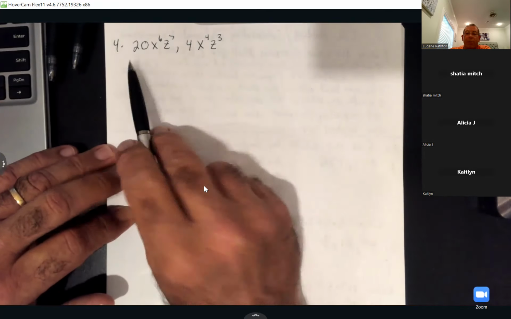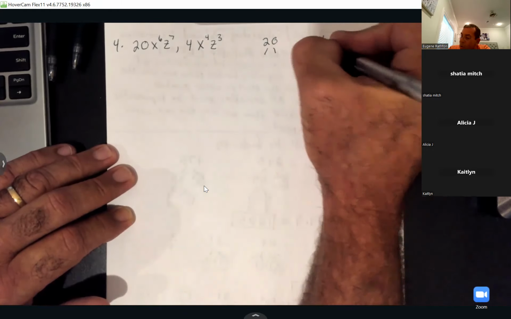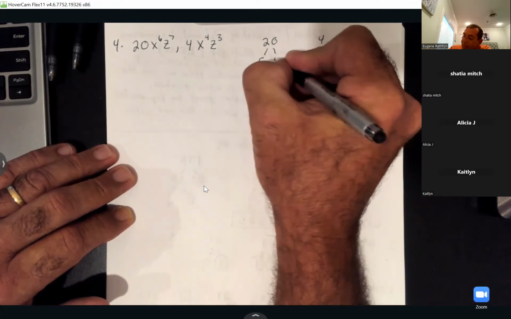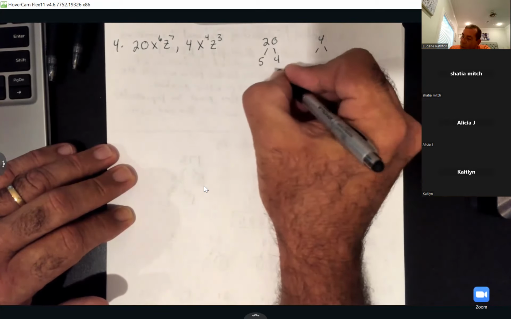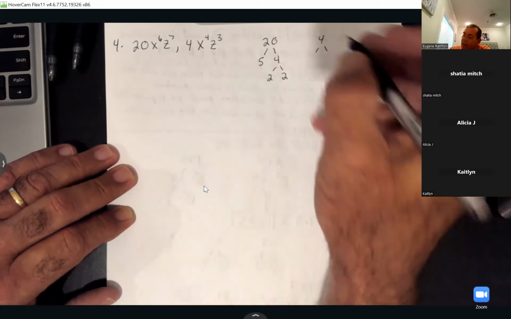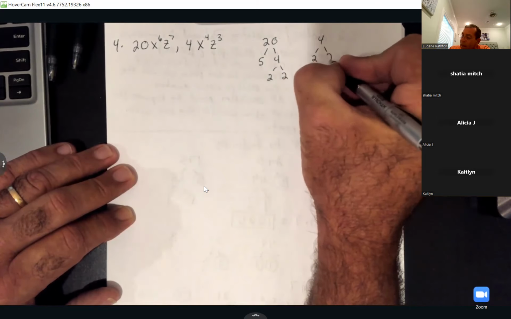So let's play with our numbers. We got a 20 and a 4. So 20 can be 5 times 4, but y'all, the 4 will break into a 2 and a 2. Same thing with this 4. It's going to break into a 2 and a 2.